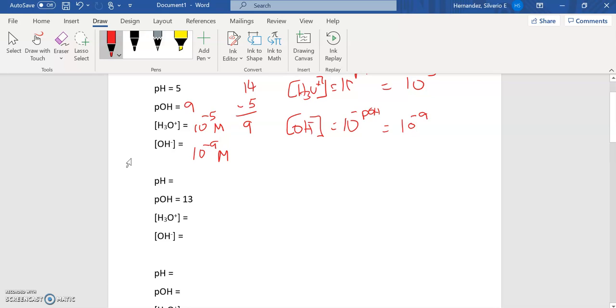Number 2, they give me a value of 13 for the pOH. So again, I'm just going to subtract 14 minus 13, and that's going to give me 1. So I have a value of 1 here for the pH. And then I can go back and determine the concentrations just like I did before. So that hydronium ion is going to be 10 to the negative value of the pH. In this case, it's 1, so it's 10 to the negative 1 power, and that's the concentration of the acid.